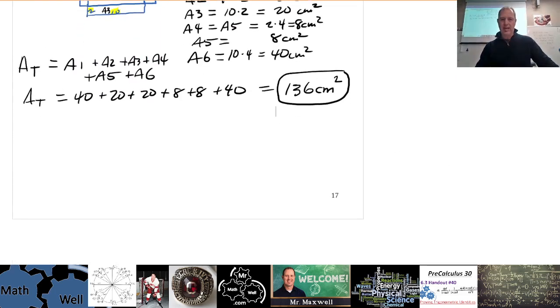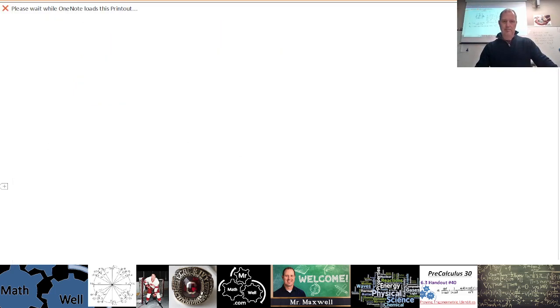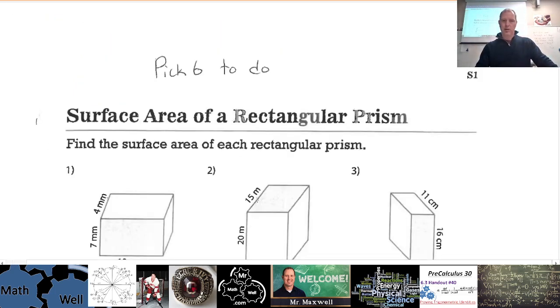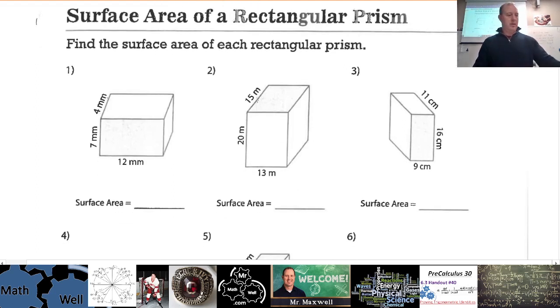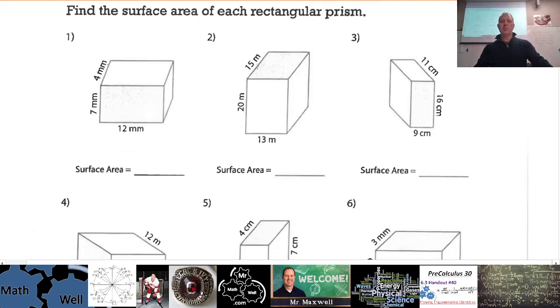Okay. All right. So net diagrams are going to be the way we're going to work with this one. I'm going to hand out these worksheets to you right now. I have them right here, and let's do some of these together. Okay, folks. You will need an extra piece of paper. You will not have enough room to show all your work. So let's take number 1.